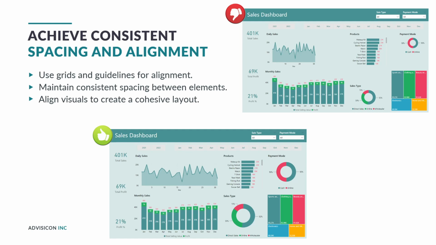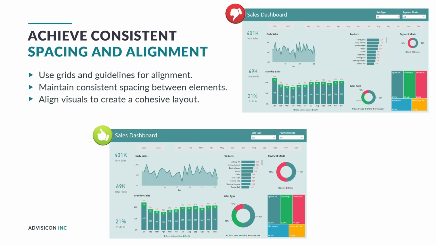Align visuals to create a cohesive layout. Aligning your visuals, such as charts and cards, creates a cohesive layout. Proper alignment helps users to follow the flow of information more naturally and improves the overall aesthetic.